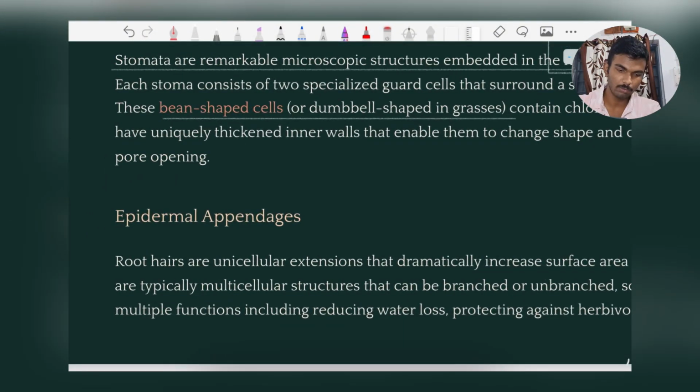The main function of trichomes is to reduce water loss.